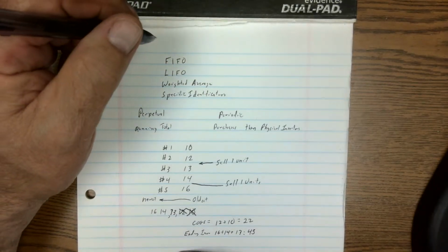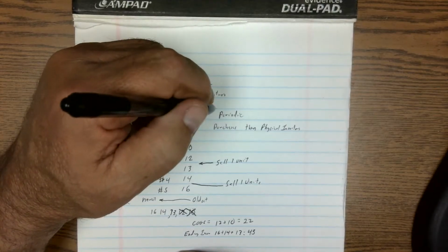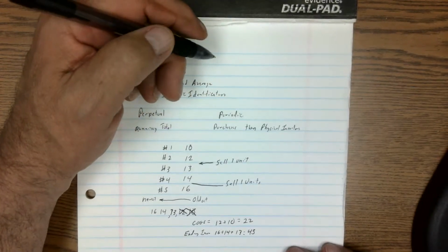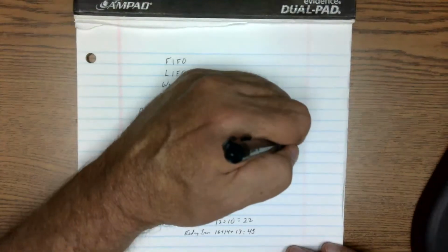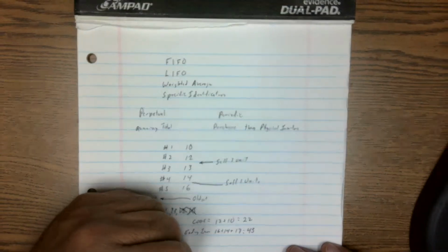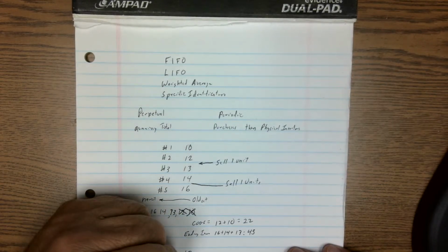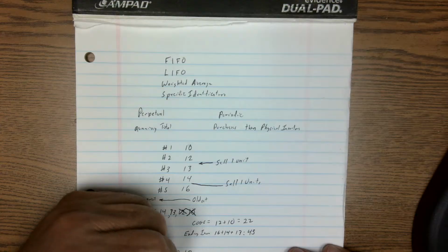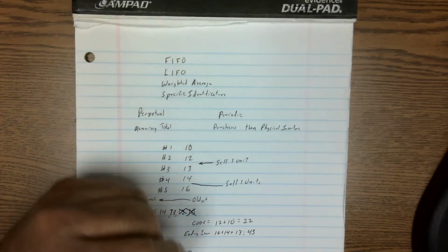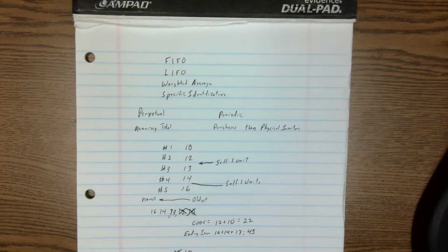Now let's do LIFO, and it's going to be perpetual. Okay. So now with LIFO perpetual, I've got the same 10 that's there, and then I add a 12. Okay, so now I've got 2 in inventory, and now I sell 1 unit, but this time I sell the last one in.